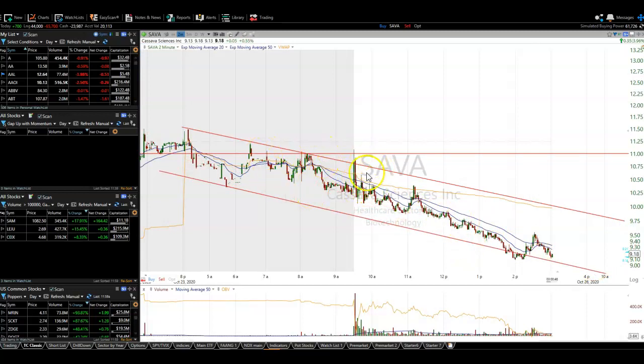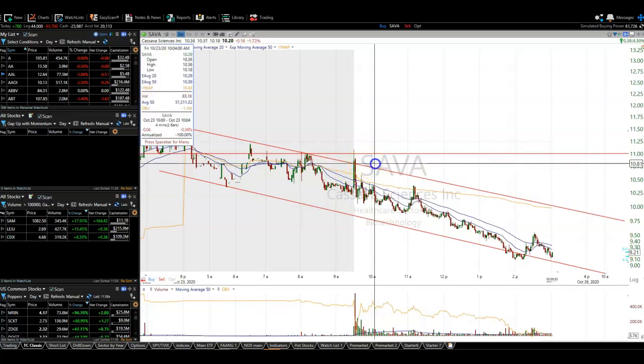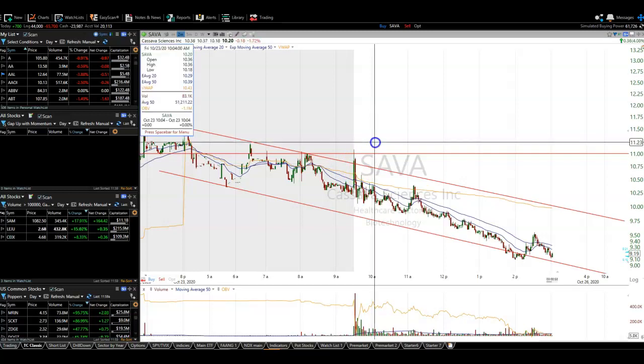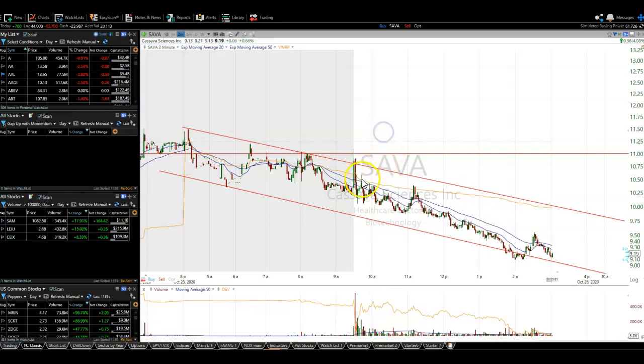So short it when it gets to this channel line, or when it gets to resistance, which was here. So you could have started your short here at 10.80, shorted more at 11, looked to cover it if it went over 11 and a quarter, maybe 11.40. That would have been your risk, 11 and a quarter. But it fails at the 11 and comes off and then just drifts the rest of the day.